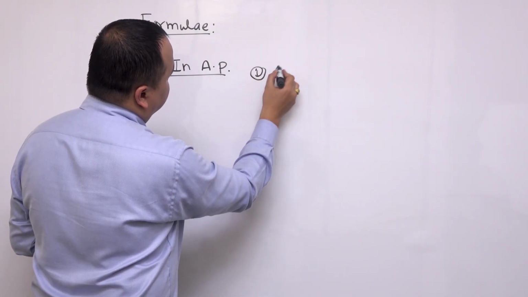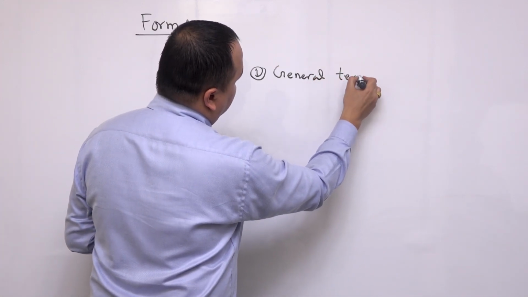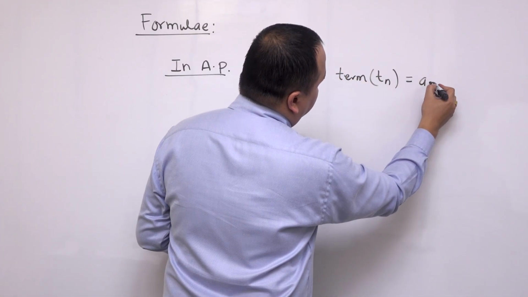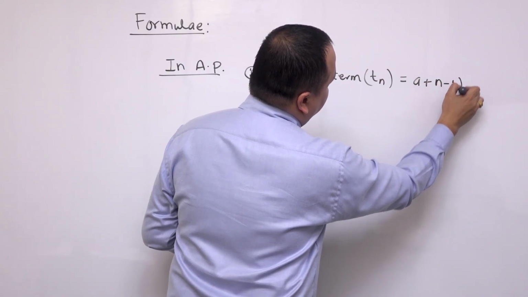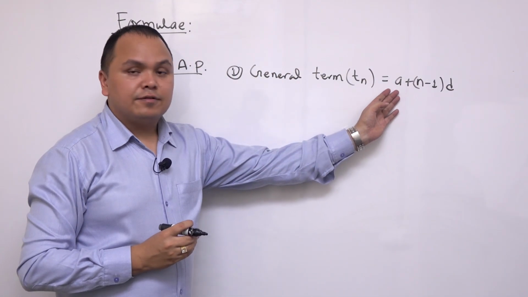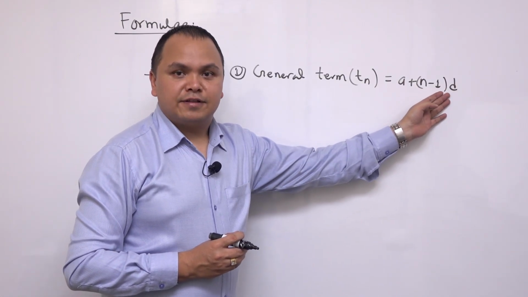In AP, A, general term Tn, it is denoted by Tn, which is equal to a plus n minus 1 times d. Here a is the first term, n is the number of terms, and d is the common difference.